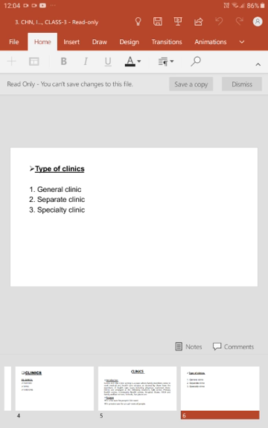Then the types of clinics. There are three types of clinics: general clinic, separate clinic, and specialty clinic.